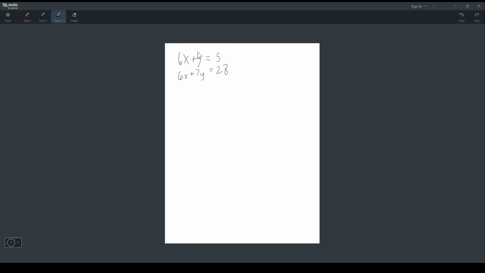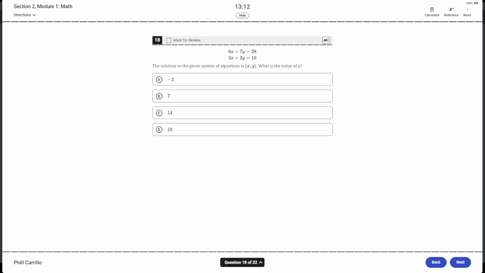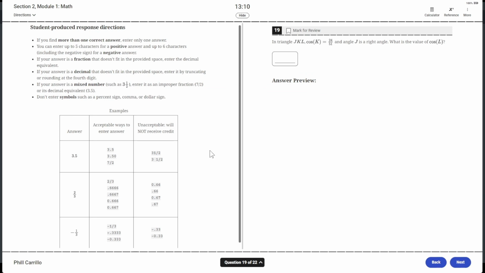I'm going to multiply everything by 6, and then subtract the equations. Subtract: 6y minus 7y is negative y equals 2. So y is negative 2, right? Okay, let's go back.